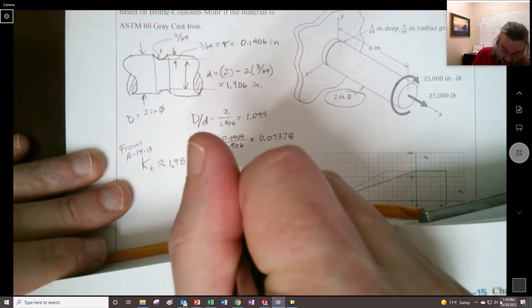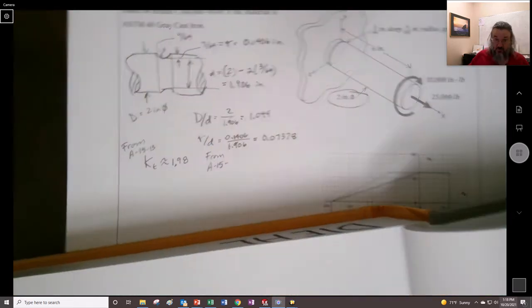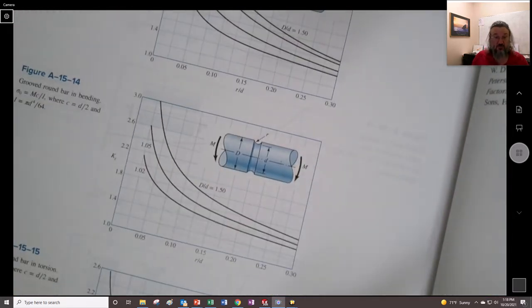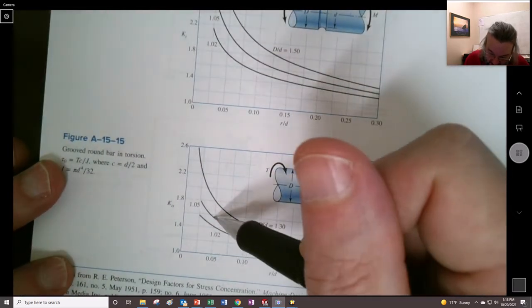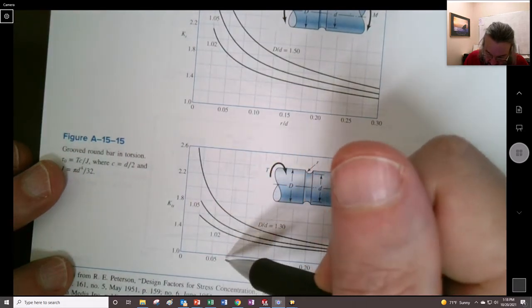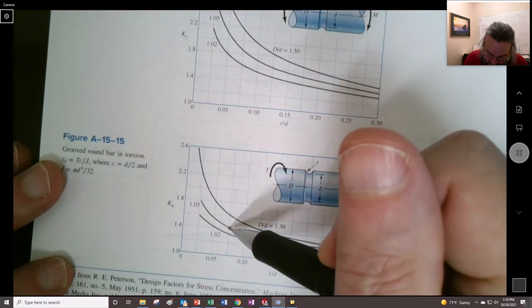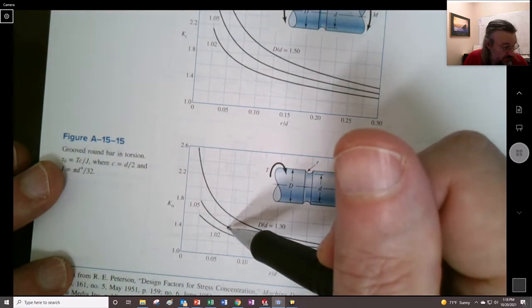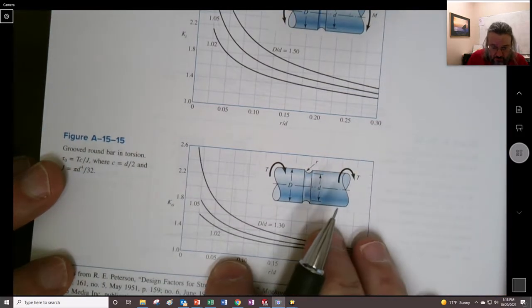And then this one's going to be from A15-15. All right, so it's torsion. We have the same dealio here. Here's our 1.05. Here is the close to 0.075 right in there, and it's just above 1.4. I said that was 1.42.